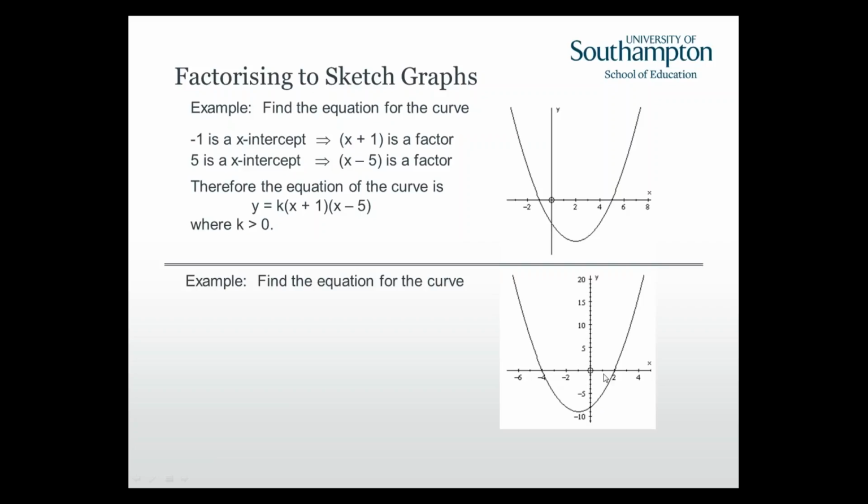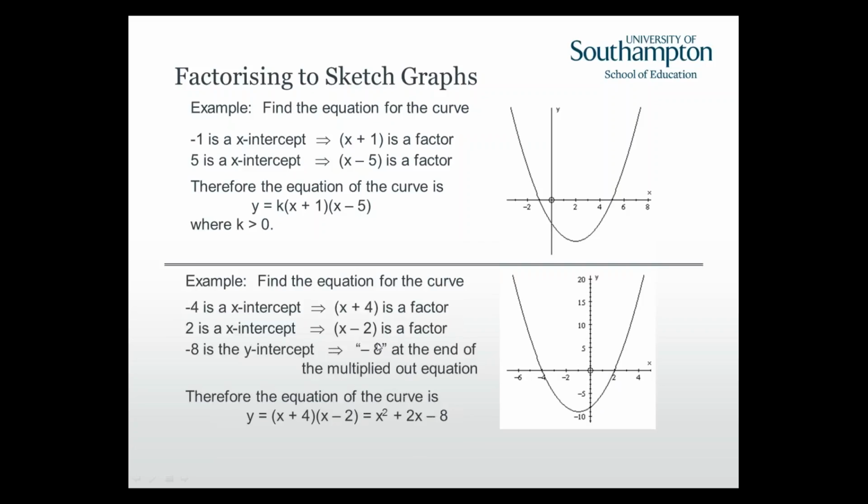Now here, in fact, you are given the y-intercept, which means that you can actually find the whole equation. So this cuts at -4 and 2. So we know our factors are x plus 4 and x minus 2. I didn't realise when I clicked it, it would give you the whole thing. But the difference is that we're expecting it to cross at -8. So if we multiply out the two brackets, then we have actually got the correct curve because we want the -8.